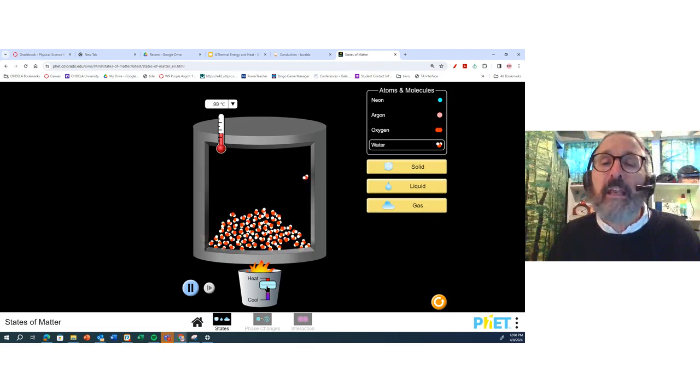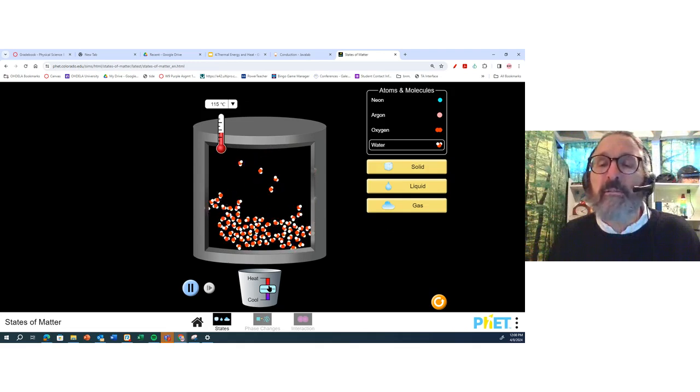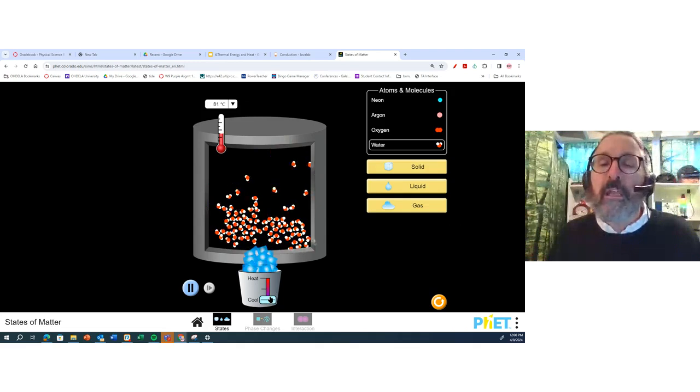And notice that the molecules, particles are moving around more, and they're leaving the confined space that they were in, right? And now this is the most energy here. Okay, if we cool it down, we can lower the amount of kinetic energy.